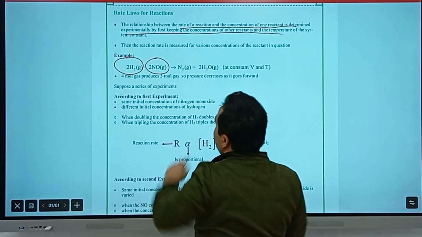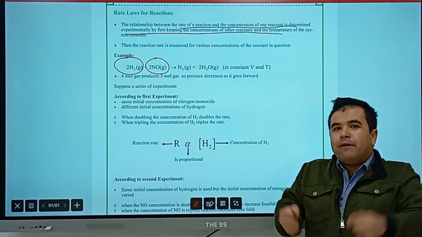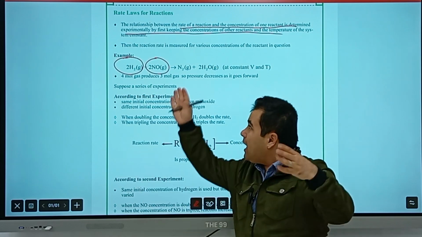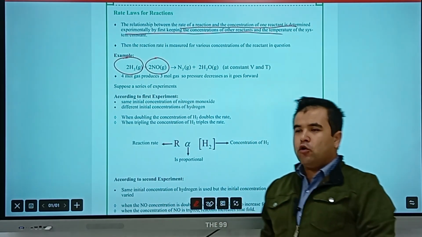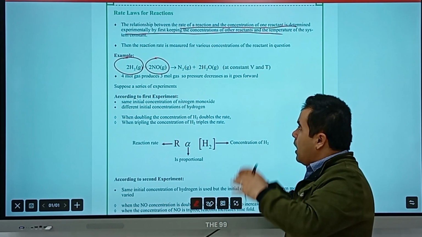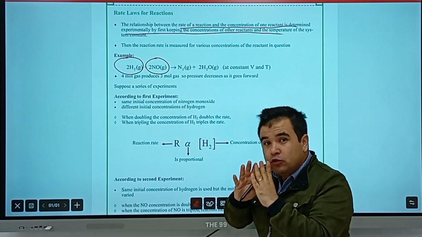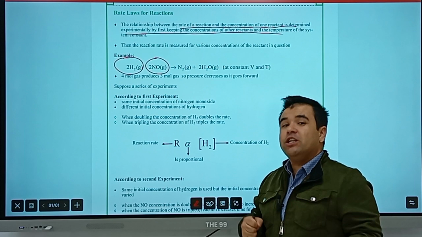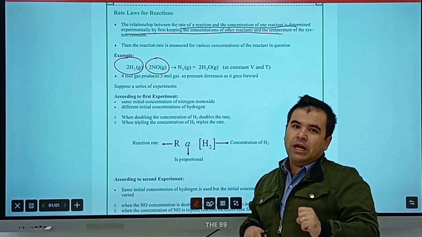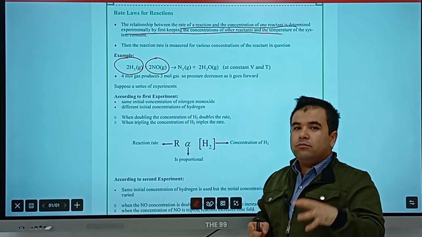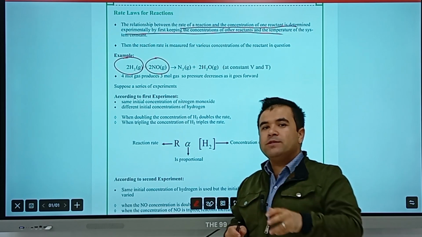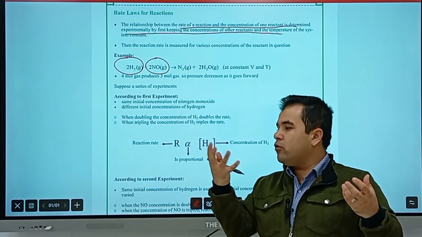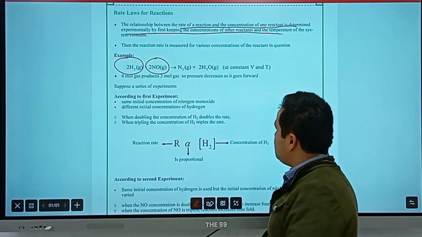So in this part, we will just discuss the effect of changing concentration on the rate of the reaction. The rate law represents what? The relationship between the rate of the reaction and the concentration of reactant.